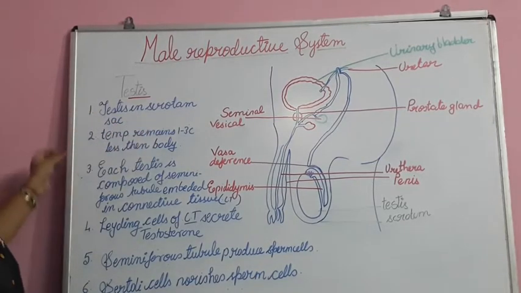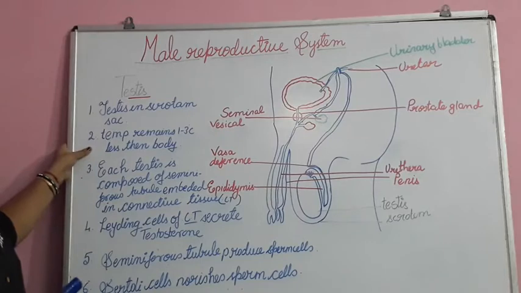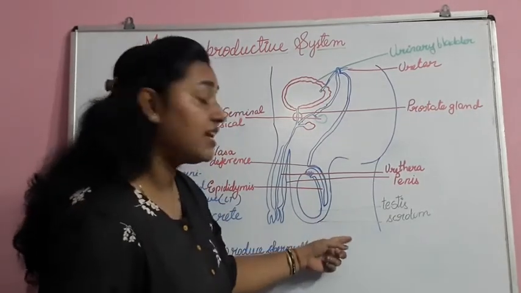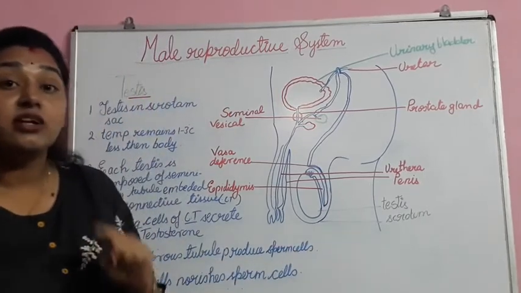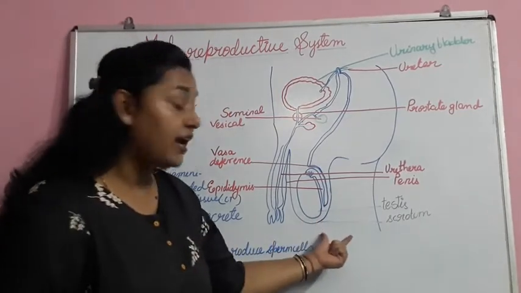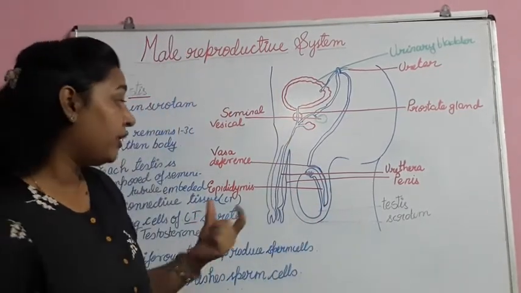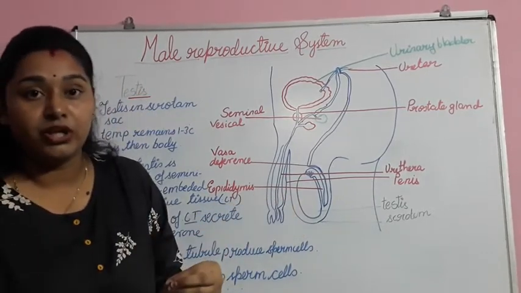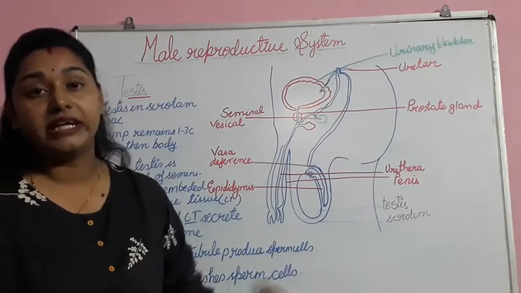Now you know that the temperature in the testis remains 1 to 3 degrees less than the body. As the testis lies in the scrotum sac, it is the work of the scrotum sac to keep the temperature over here less than body temperature, about 1 to 3 degrees Celsius.